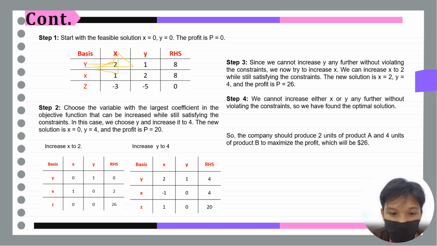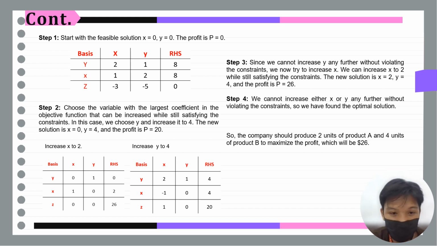And y to y is 1, and y to x is 2, and its profit is negative 5, as it's needed for the profit equal. And the right hand side is equal to 8. This is the corresponding hours of the machine 1 and also 2.